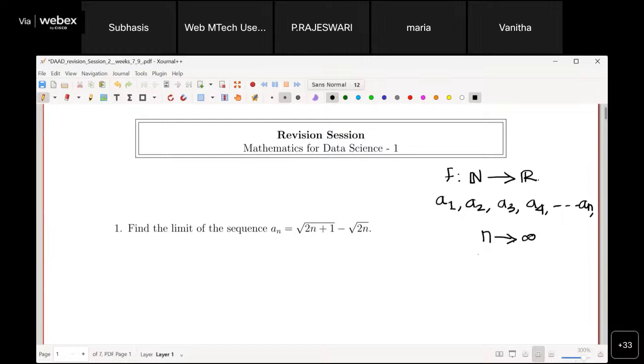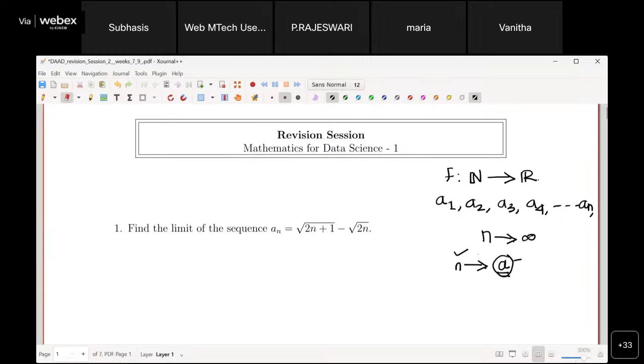When we have a point A such that the terms of the sequence approach A as n goes to infinity, we say that A is a limit point of the sequence. When we don't have such a point A, we call the sequence a divergent sequence.